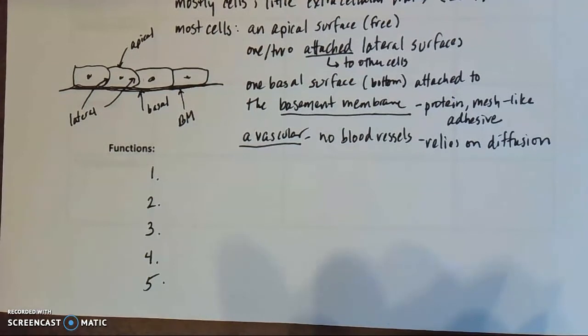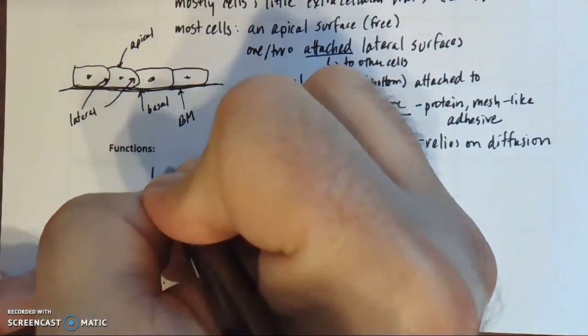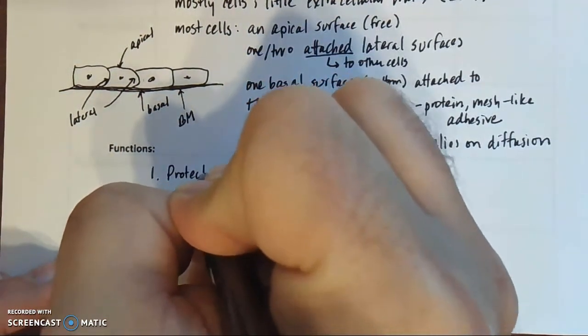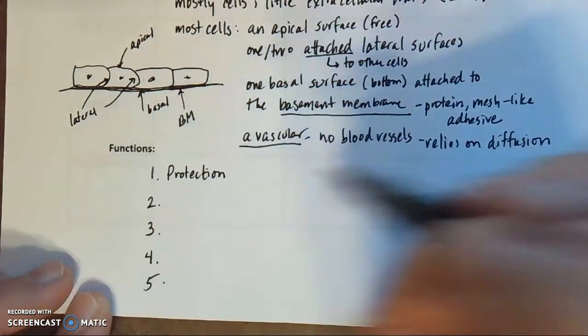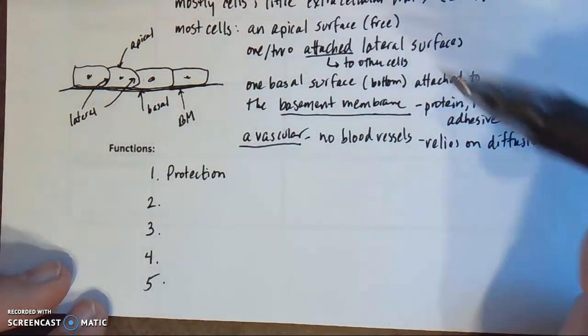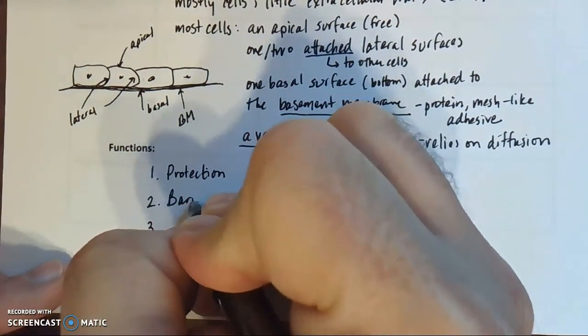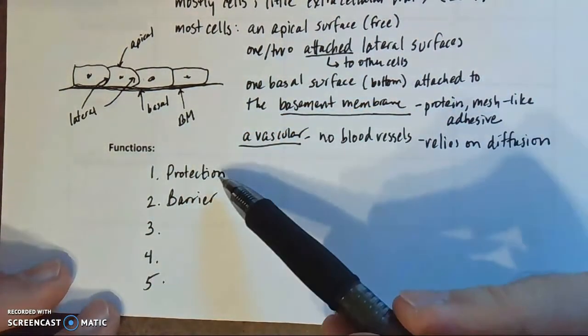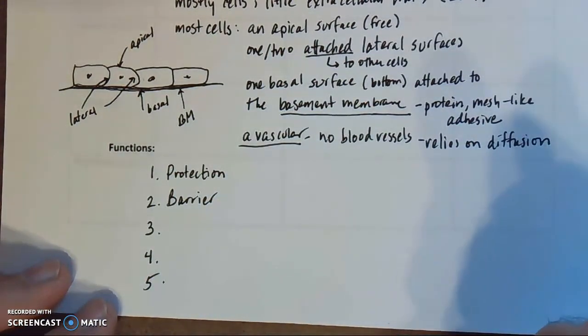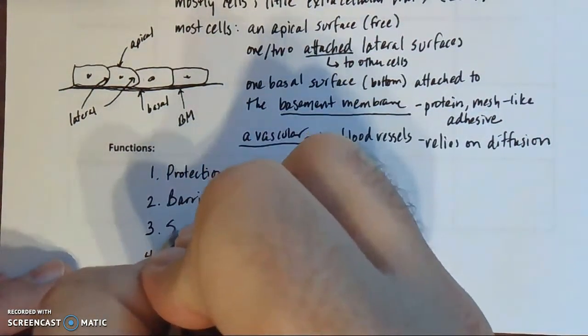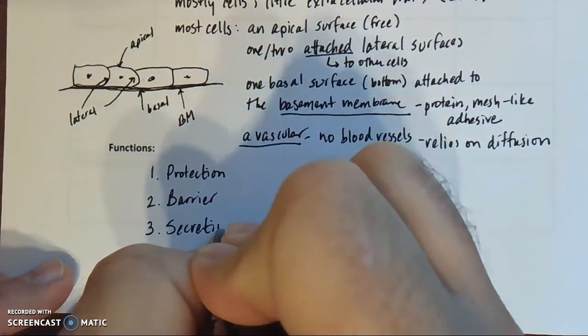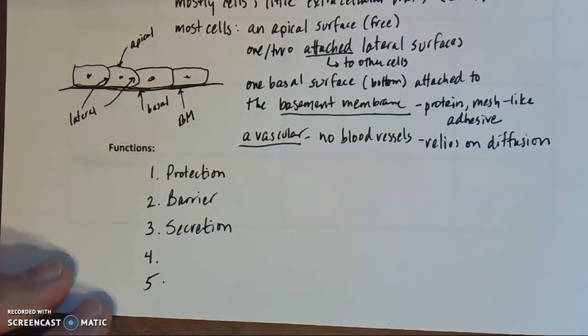And these are generalized. So one is protection. So cells that are coverings or linings could be protecting things. They can also form a barrier, which is related to protection. We can look at glandular tissue that secretes things.